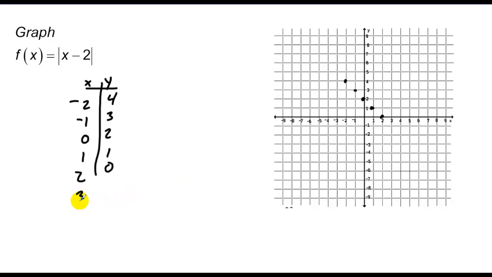Let's go 3, 4, and 5. Plug in 3, get out 1, plug in 4, get out 2, plug in 5, get out 3. Well, notice now what happens. Now my graph looks exactly like the other graphs that we had.